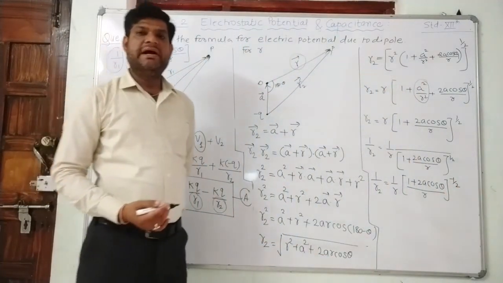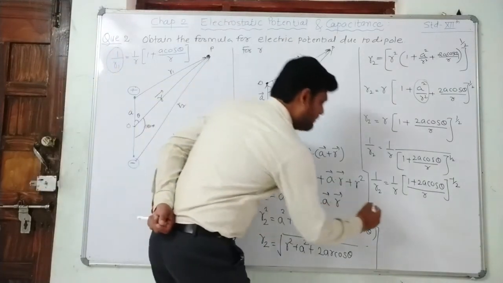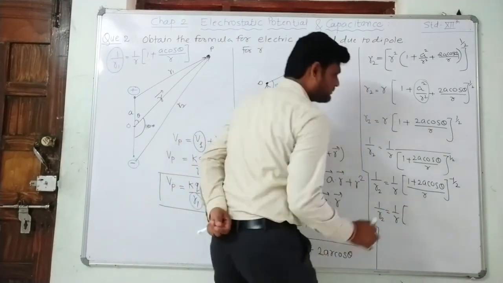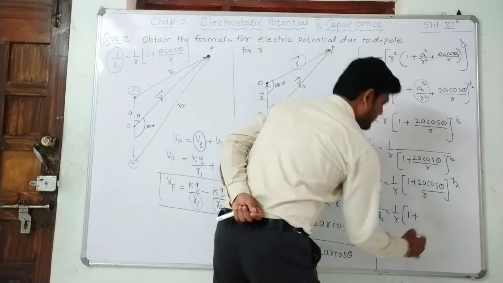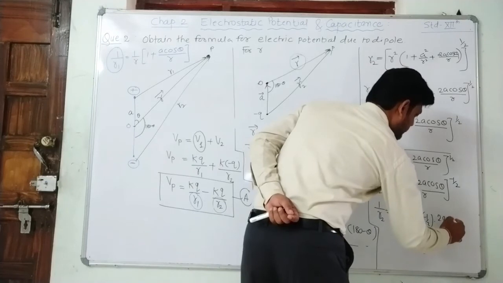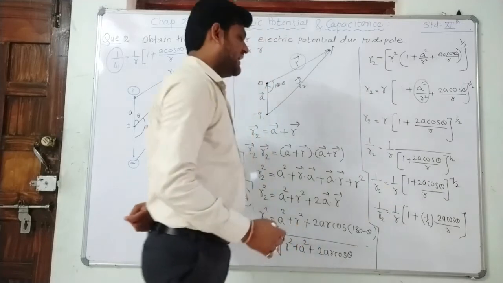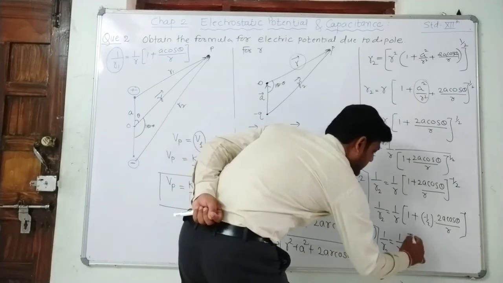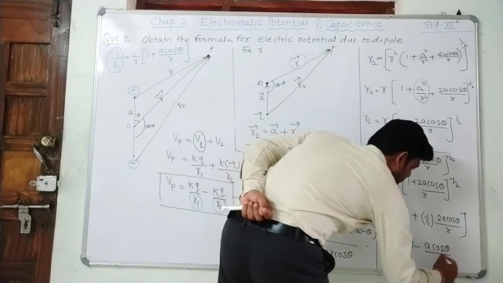Now using the binomial expansion and neglecting the higher order terms, 1 plus minus half into 2a cos theta by r. So this minus 2 gets cancelled. Final equation: 1 by r2 equal to 1 by r, 1 minus a cos theta by r.